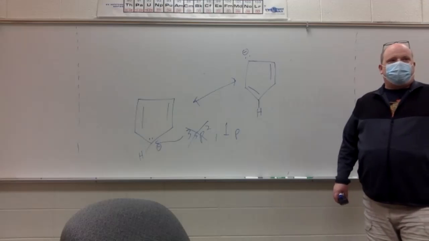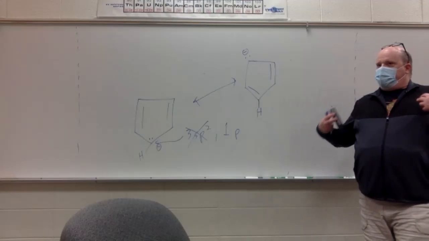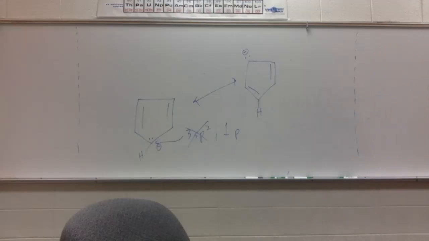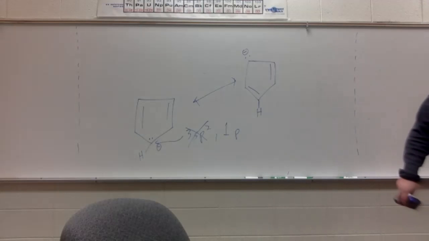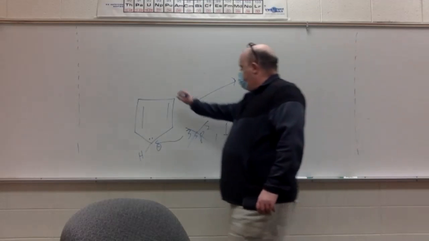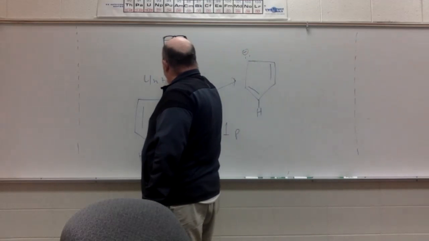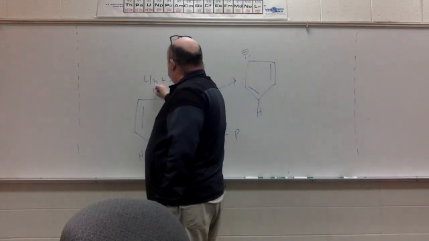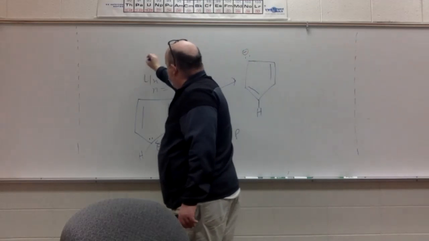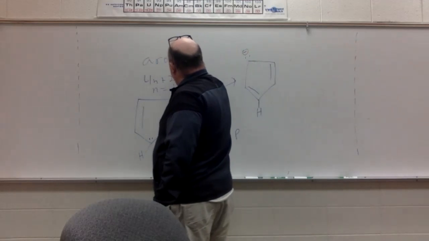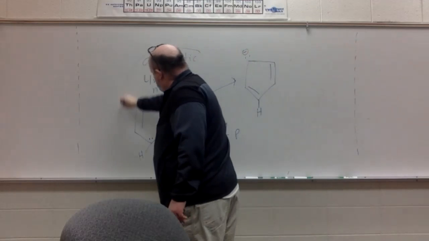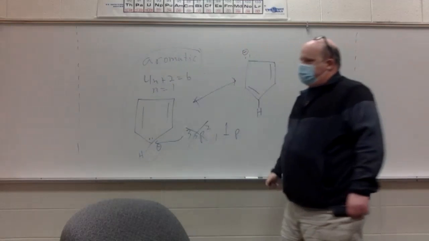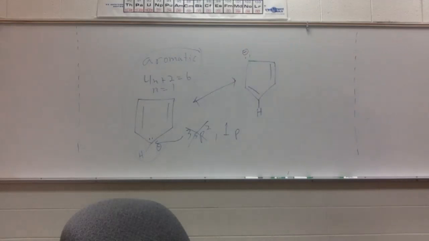If they're on the inside, how many total pi electrons do we use for our Huckel calculation? 6. 4n plus 2 equals 6. n equals 1. And we can determine that it is aromatic.